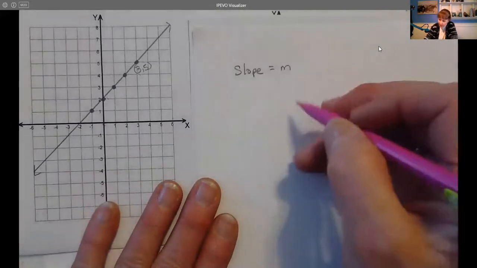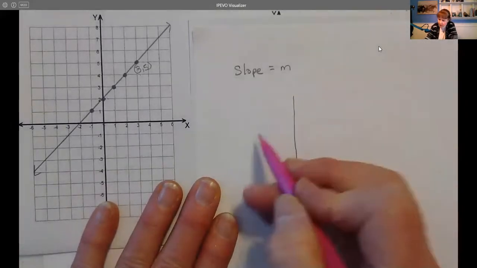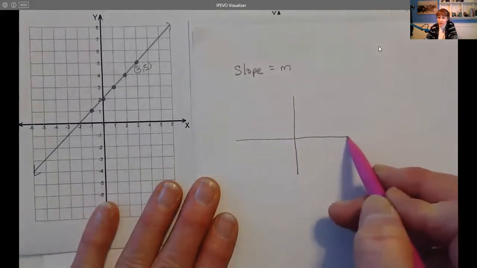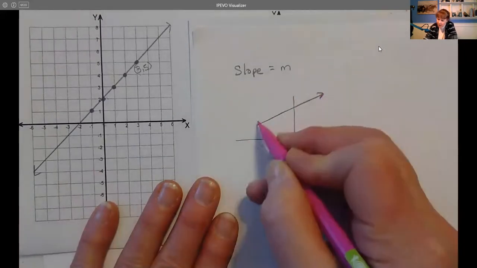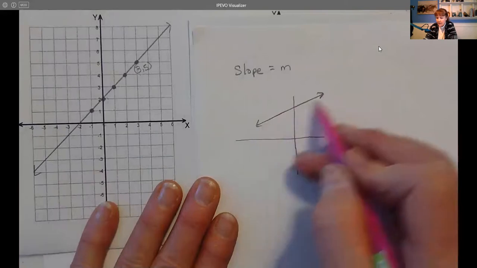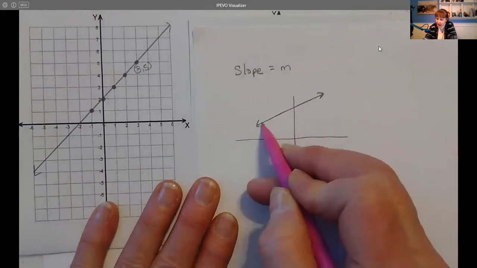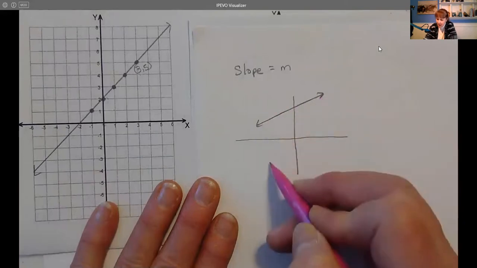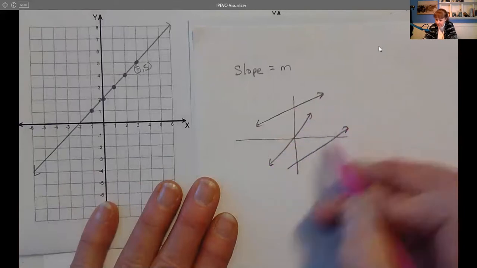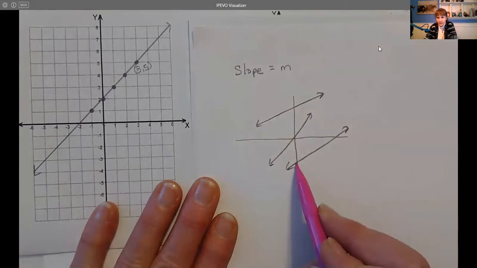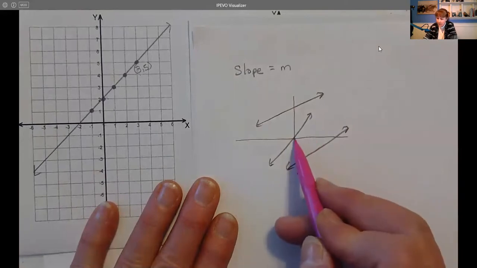All right, so I'm telling you that the slope tells you how steep it is, but it also tells you the direction. As you think of it as reading from left to right, this line is rising. All of these lines here are rising. It doesn't matter if they start down here, it doesn't matter if they go through our origin.